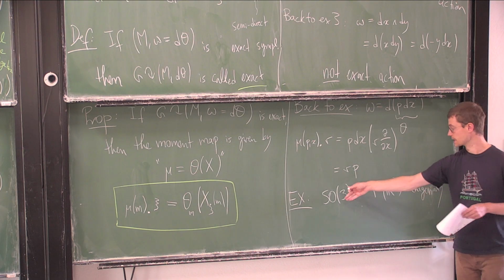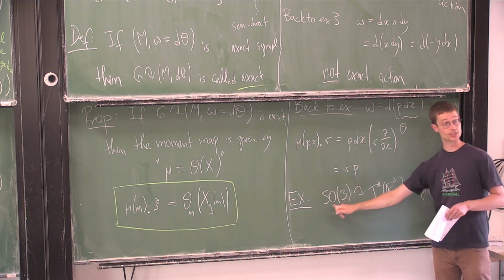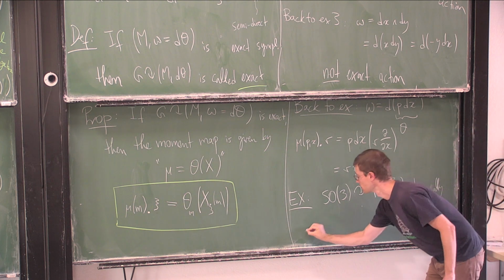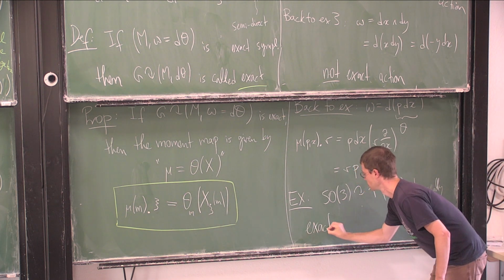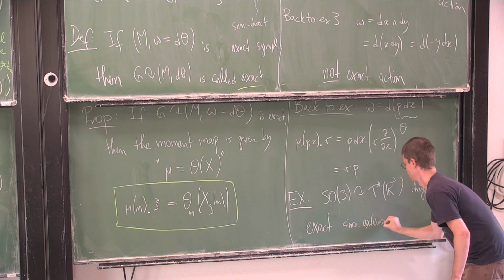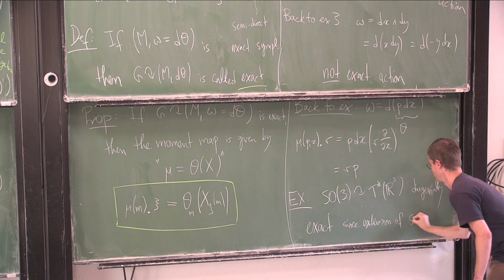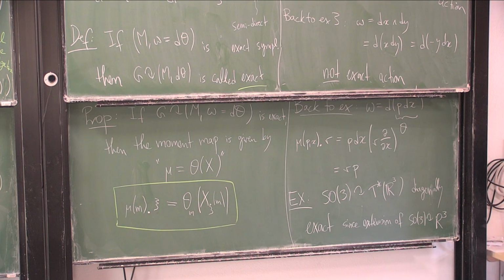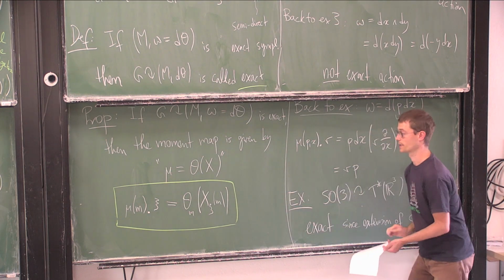This is actually the extended action of SO(3) just acting on configuration space. So we know already that this is exact, since it is the extension of SO(3) acting on configuration space. So we know it's Hamiltonian and we can use this formula in order to get the moment map.